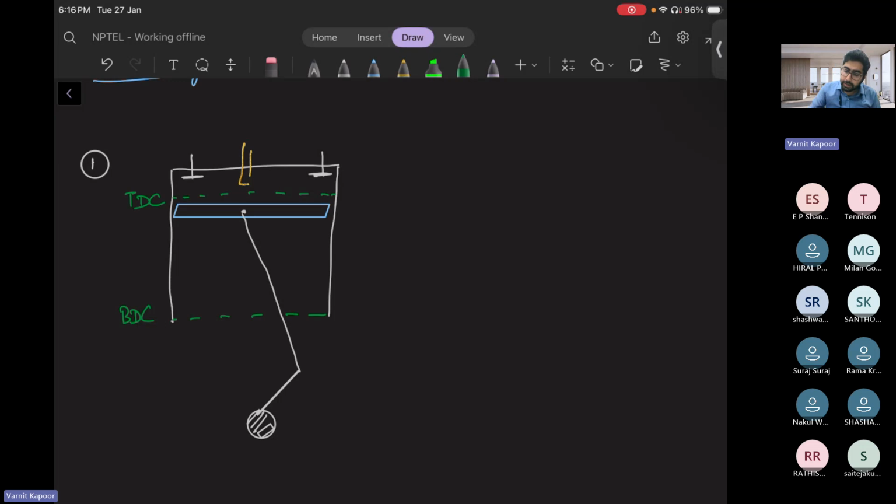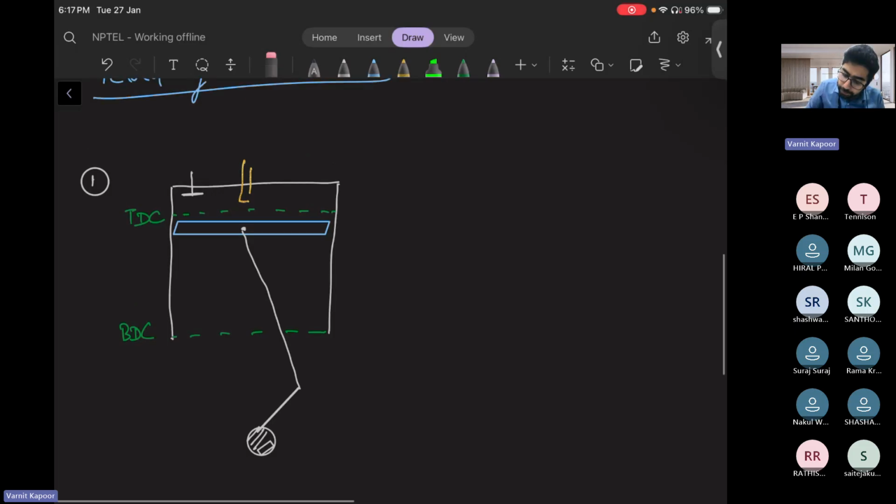Okay. Initially, what is happening? This schematic notation means that the valve is open. If I want to draw a notation to close a valve, it will be like this. Okay, the valve is closed. So the exhaust valve is closed, whereas the inlet valve is open.